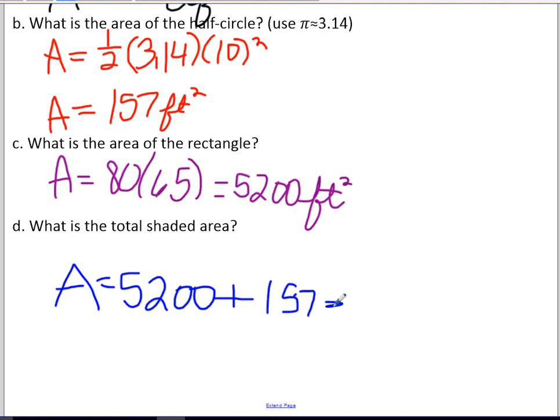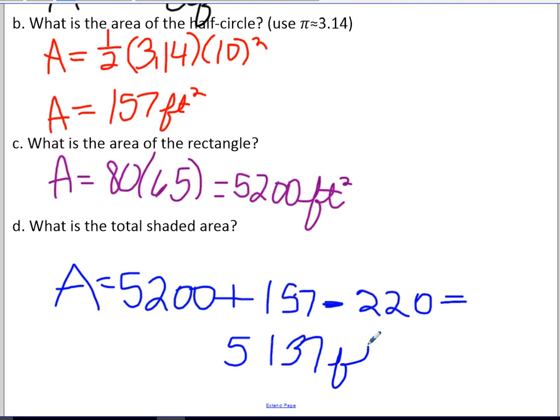So we're subtracting off the 220 square feet from the 2 triangles to get a total area for the parking lot of 5,137 square feet.